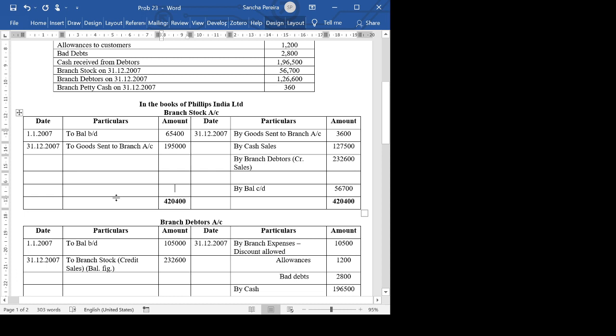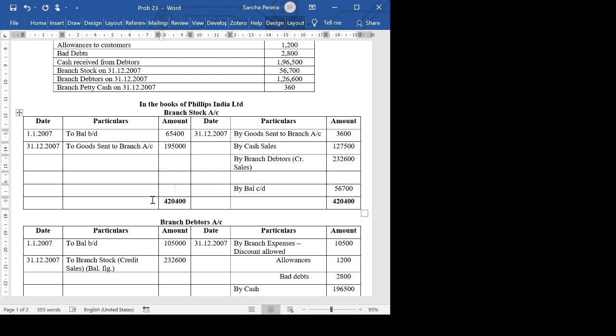I told you, if you remember, in the note before the problem started: when goods are transferred at cost between the head office and the branch, we don't prepare the branch adjustment account, and hence the balancing figure of the branch stock account would be gross profit. In the other method that we just finished, we don't have the balancing figure of this account as gross profit, because gross profit or gross loss becomes the balancing figure of the adjustment account.